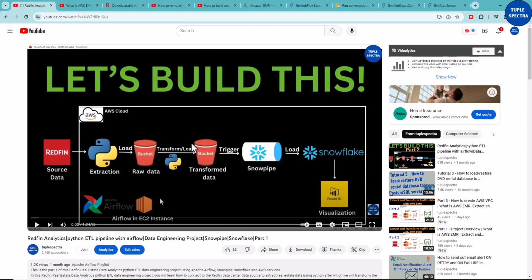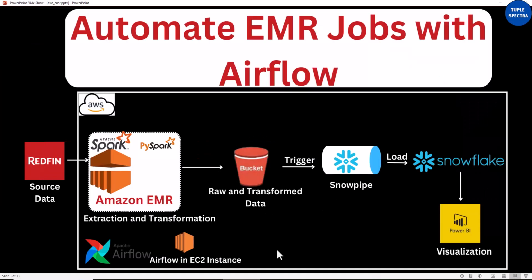In that video, our transformed file was a CSV, and immediately it landed inside the transformed data bucket, it triggered Snowpipe, which then performed the copy command to load the data inside Snowflake, and then I connected Power BI to it. So go and watch this video for you to be able to implement this. It's basically going to be almost the same thing.